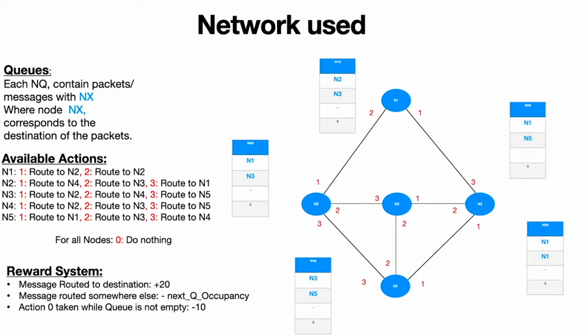Whenever it is routed somewhere else, depending on the queue occupancy, because we want to favor less congested queues, we assign a negative reward, which is minus the next queue occupancy. And finally, a reward of -0 is assigned whenever we're taking action 0 and there are still packets that need to be sent and queued.